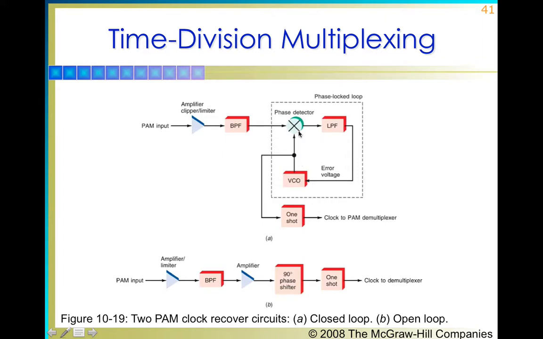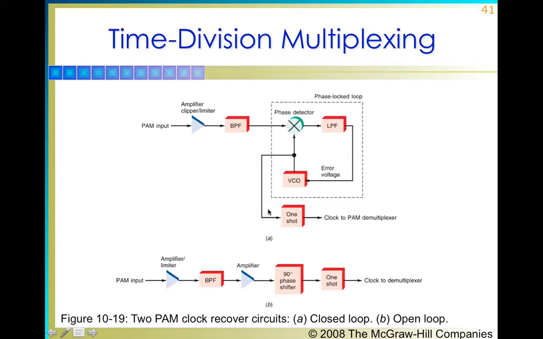If there is a phase difference between these two, then the voltage controlled oscillator value will be corrected by the error voltage output by the phase detector, converted from AC to DC by the low pass filter, and then provided as input to the controlling input of the voltage controlled oscillator, which then controls its oscillations.